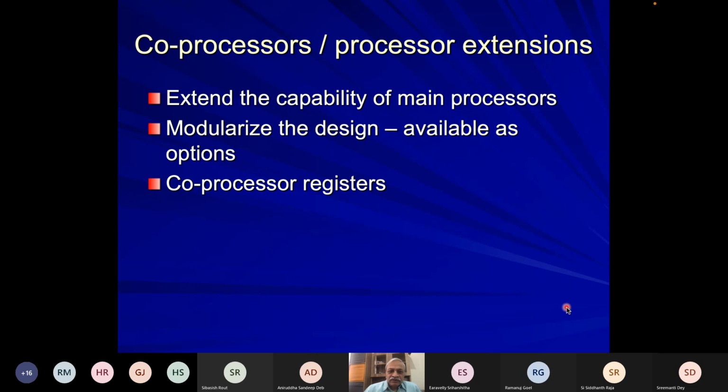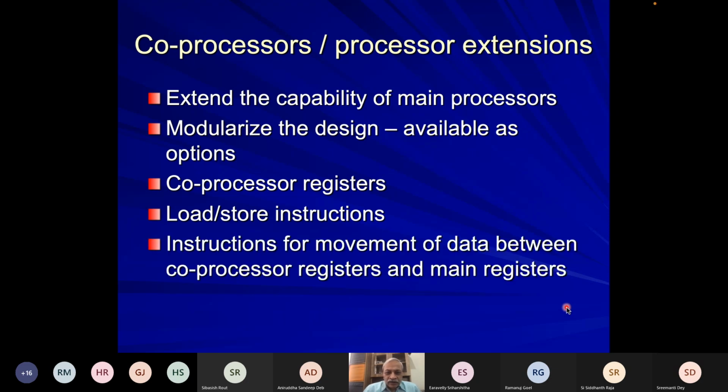Coprocessors typically have their own registers, called coprocessor registers. With that, you need special instructions which allow you to load and store these registers. There are also typically instructions for movement of data between coprocessor registers and the main registers, and then instructions for coprocessor operations.